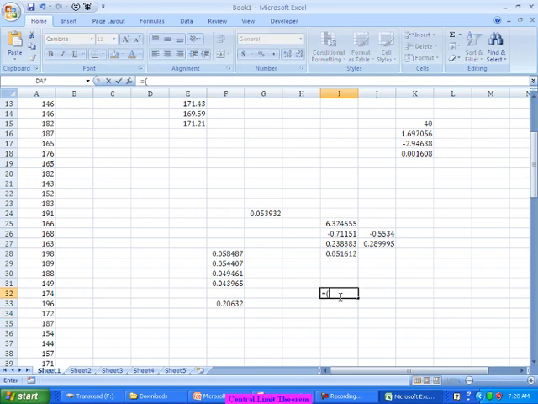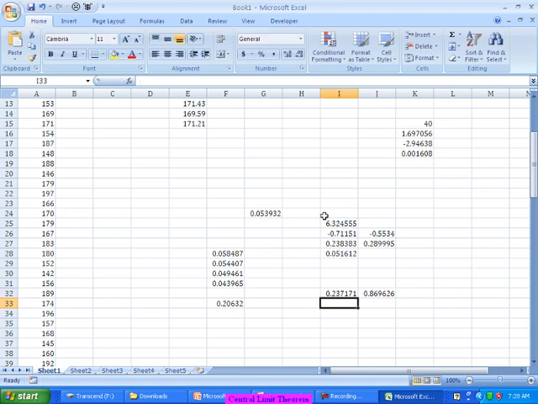So 41.5 minus 40 divided by the standard deviation, which is 6.32, gives 0.23. And 45.5 minus 40 divided by the standard deviation gives 0.86.